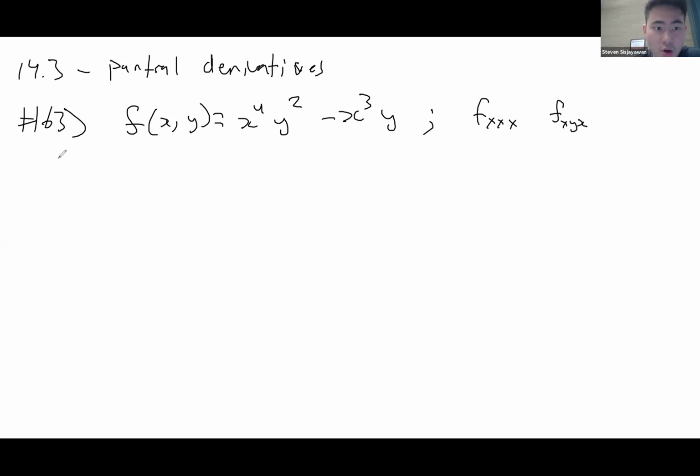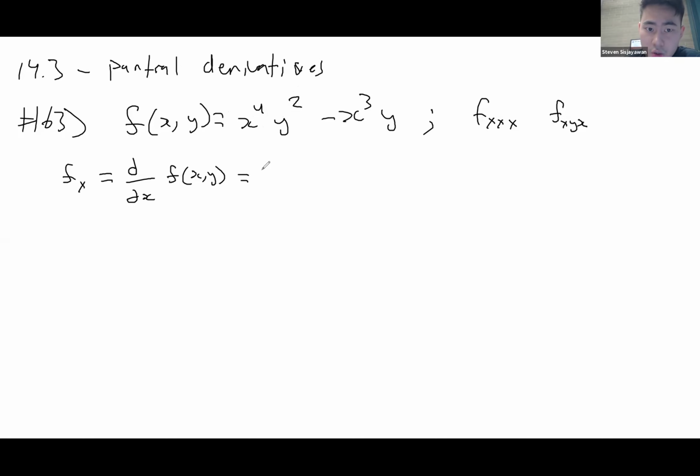All right, so I'm going to start off with finding f_x. Whenever you're taking a partial derivative with respect to x, you can see the notation with a subscript of the function. Whenever you're deriving in terms of x, we treat every other variable as a constant. So in this case, I'm basically treating y squared and y as constants.